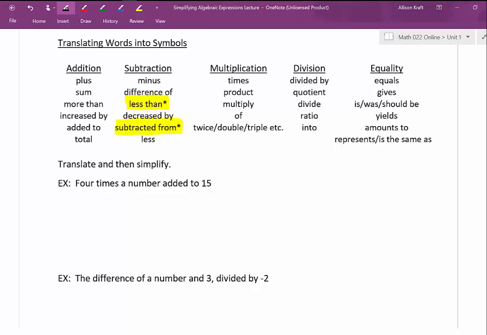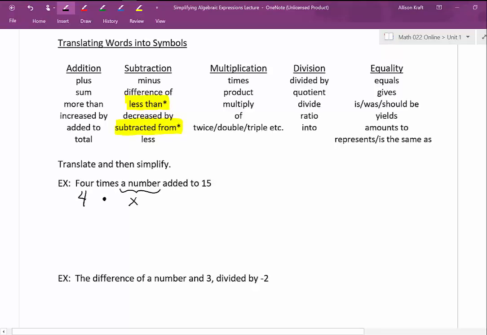Let's start with 4 times a number added to 15. 4, we know, is the number 4. The word times means multiplication. A number, well, that's our unknown. We'll replace it with a variable. I'm going to choose x this time.